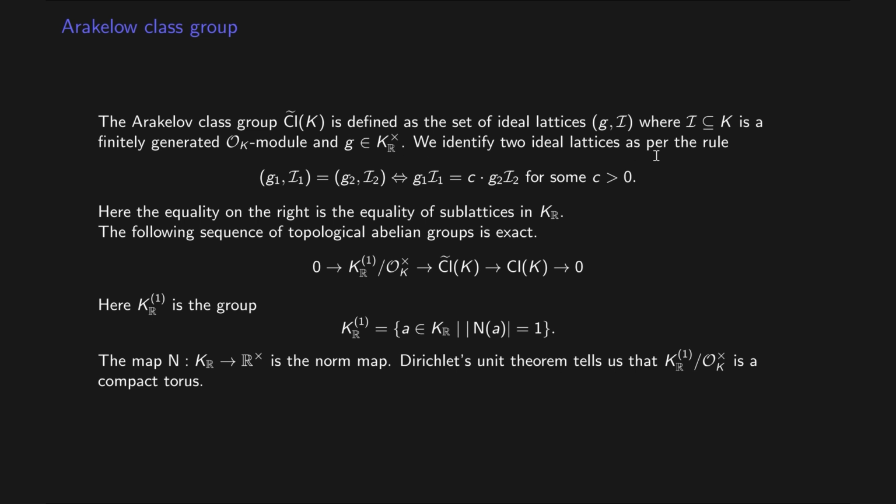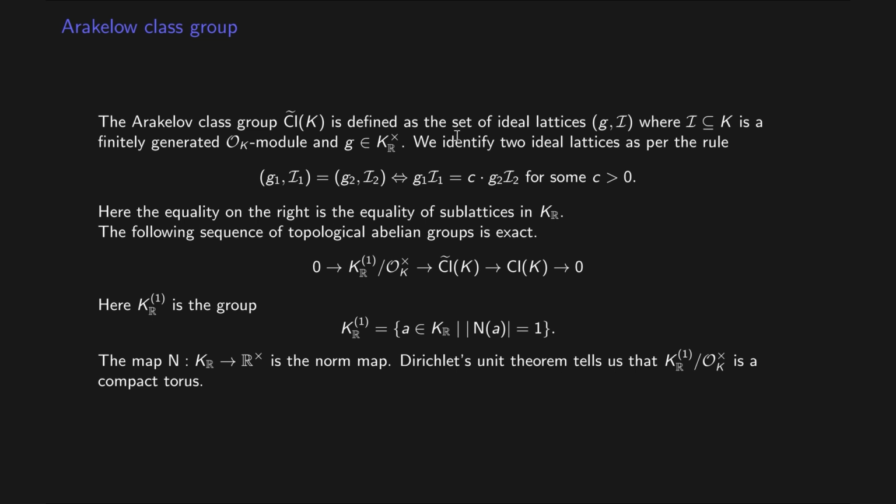And so we would say that two such pairs are equivalent if the lattice g1 multiplied by I1 will be homothetic to the lattice g2 multiplied by I2.